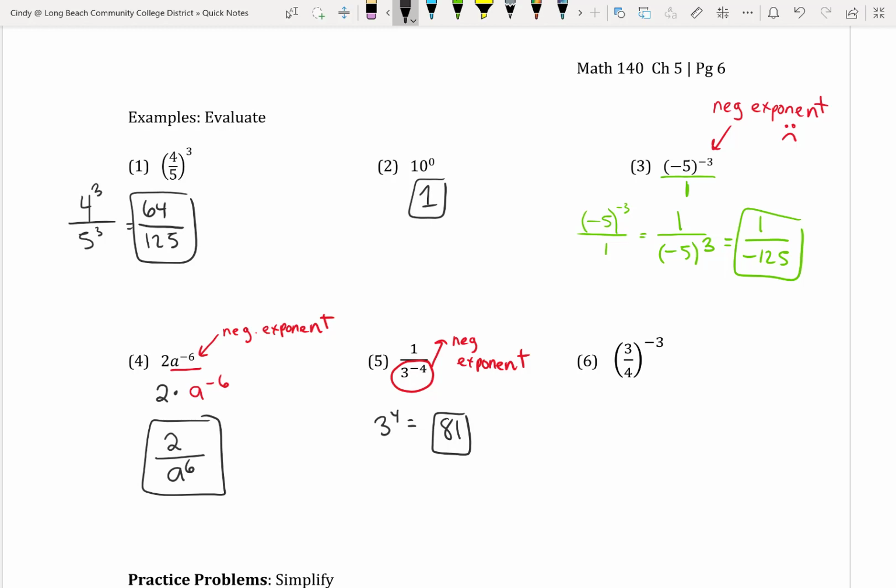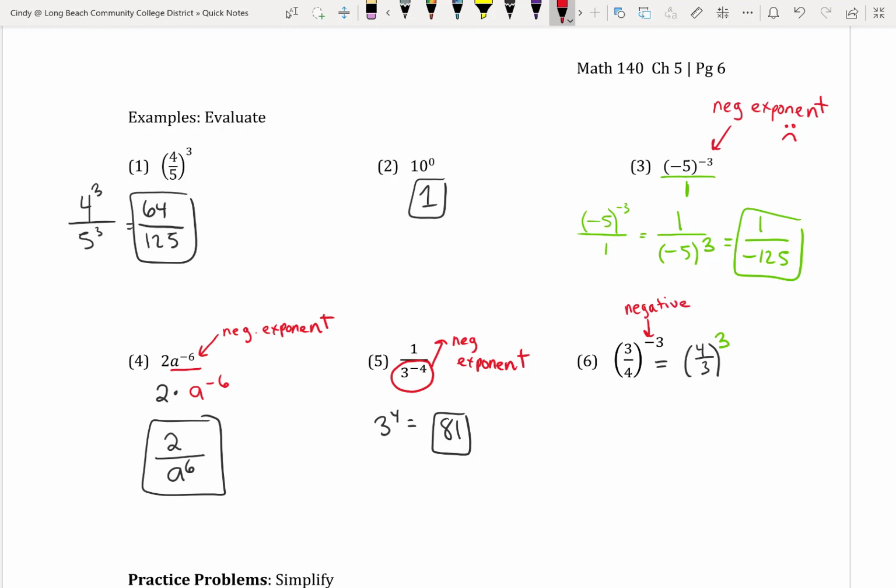For number 6, this is an interesting one because it's negative and it's to the 3rd power. So if we're going to be using that rule since it's negative, well, then I can say that this is really going to be 4 to the 3rd. And my power here is now going to be a positive 3. The reason why is because this was negative.